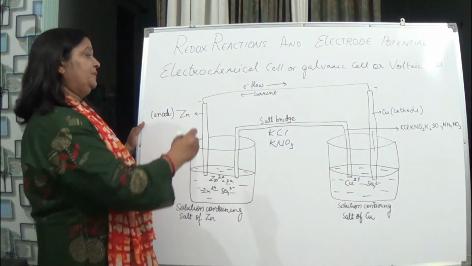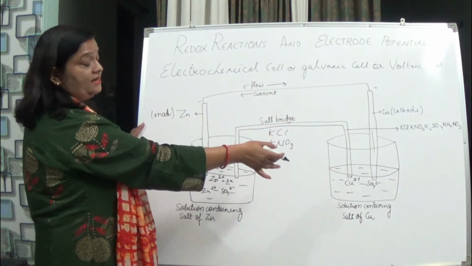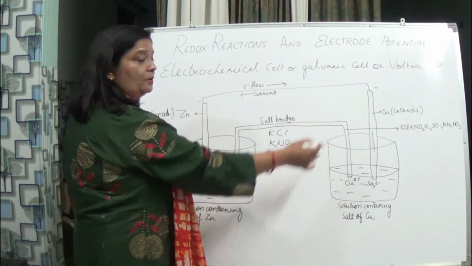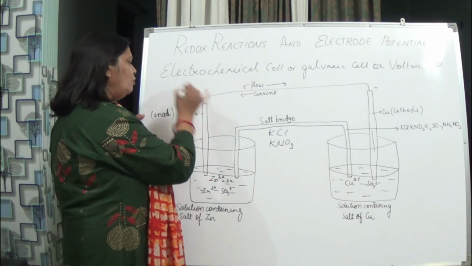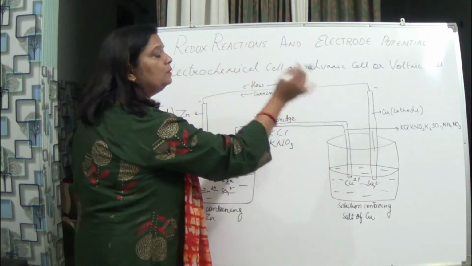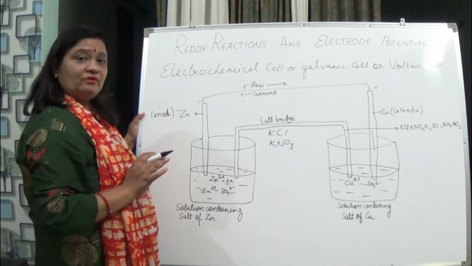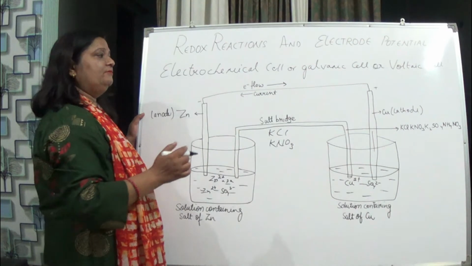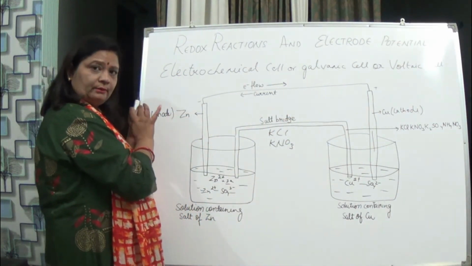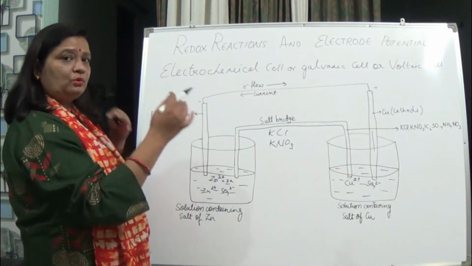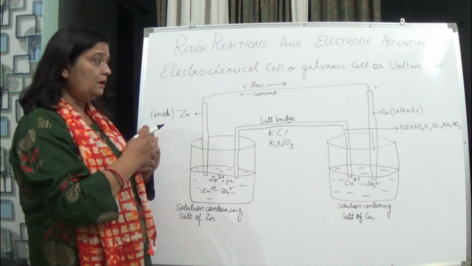So electrons are flowing, getting deposited, or taken up by copper ions to form copper. Electrons are moving from anode to cathode, but the direction of the current will be from the cathode to the anode. Now the electrons are flowing and current is being generated.